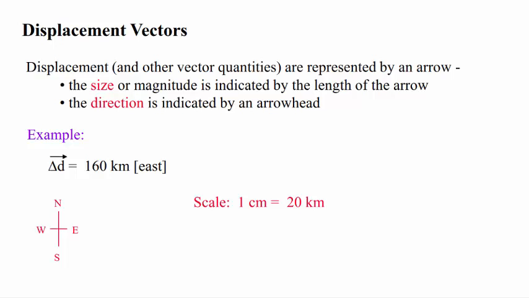The second piece is that it gives you a quick sense of, does your mathematical answer, if you work on that, make sense? So here, if we have a vector, so it's a vector because we have 160 kilometers, so that's a magnitude, and east is a direction. So those things come together.